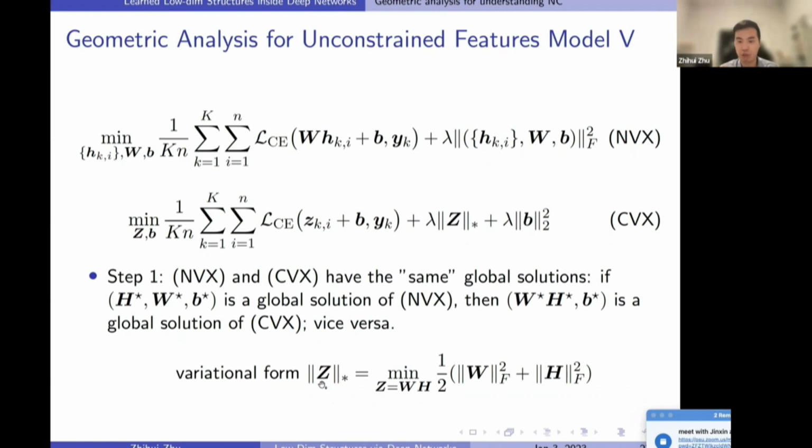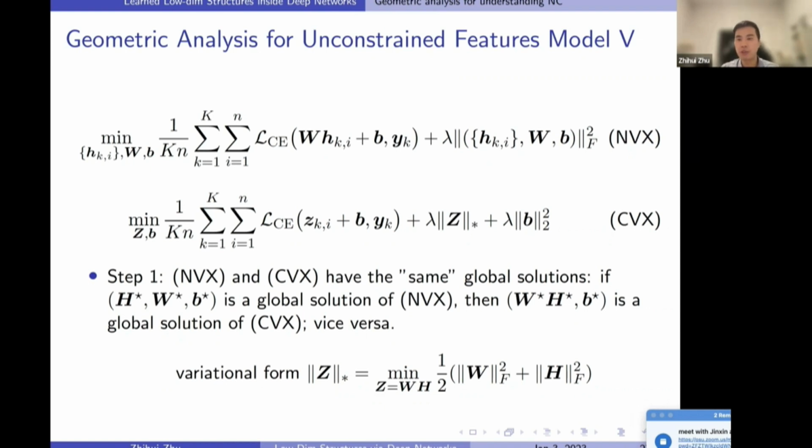can be related to the weight decay of the factors W and H. For any Z, we could have infinitely many possible choices of W and H such that their multiplication equals Z. But if we find the one which has the smallest energy for W and H, then its energy turns out to be the nuclear norm of Z, which is the variational form.